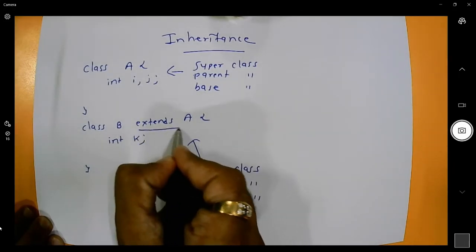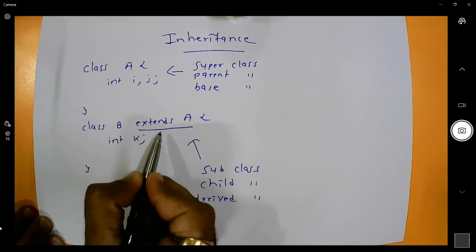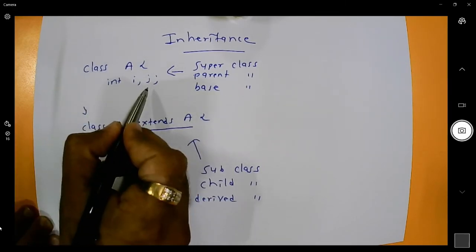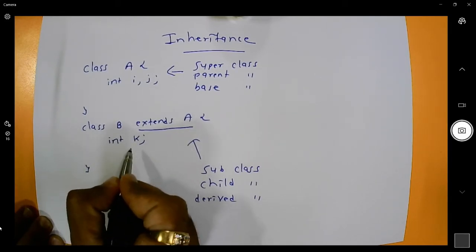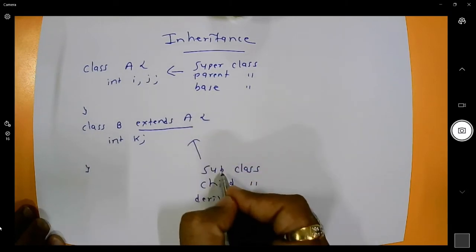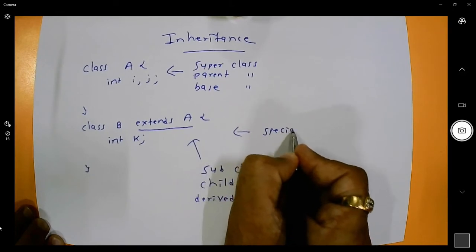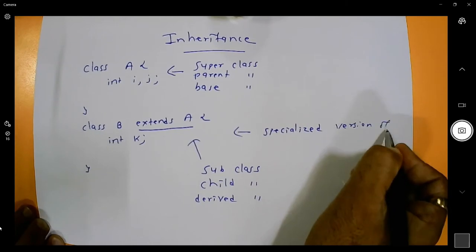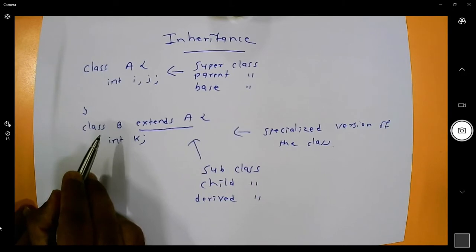Using the keyword extends, we can access the properties of the father. So B extends A is used to make the inheritance. So i and j will be accessible over here, as well as this class has something new. So you can say the subclass, class B, is the specialized version of the class, or you can say it is the latest version.